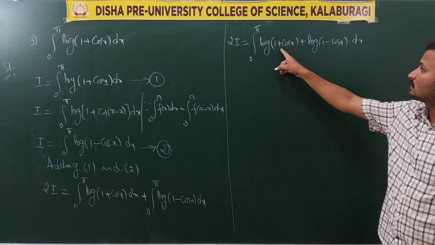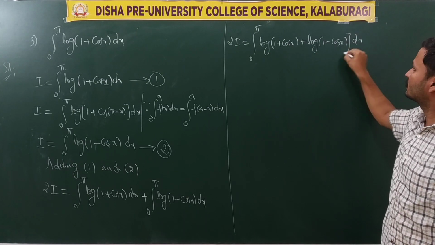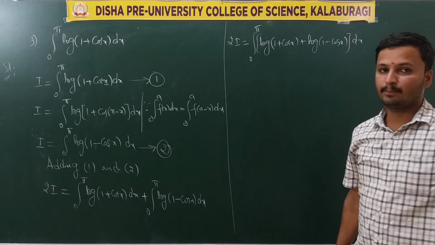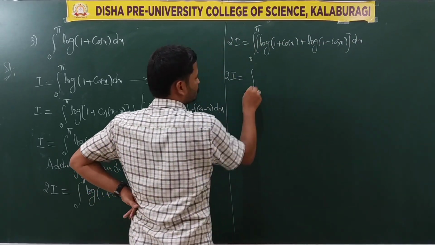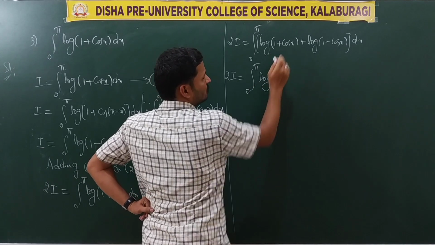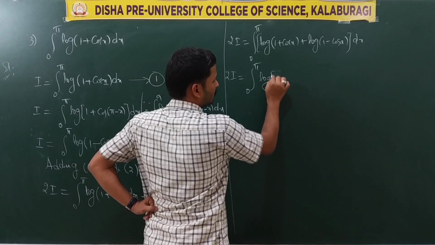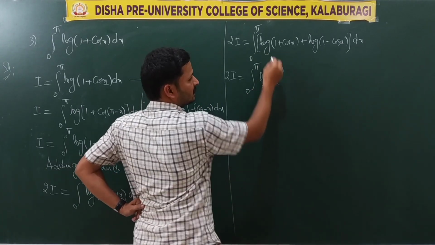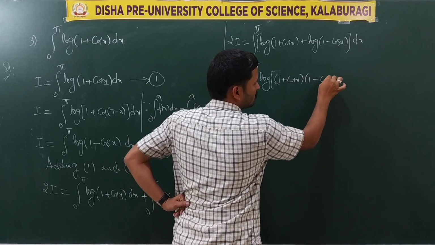Now use the logarithmic property: log m plus log n is equal to log of m into n. So 2I is equal to integral from 0 to pi of log of (1 plus cos x) into (1 minus cos x) dx, where m is 1 plus cos x and n is 1 minus cos x.